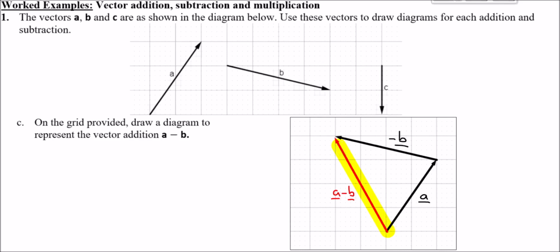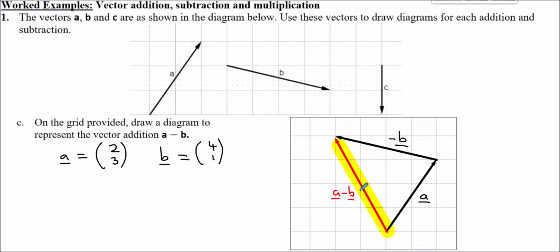Now before we go on, just a little note in terms of doing this more mathematically, rather than having to sketch out diagrams in your test, which you're not going to be doing, I do not believe. If we think about A, it is going 2 along and 3 up. B is 4 along and 1 down.